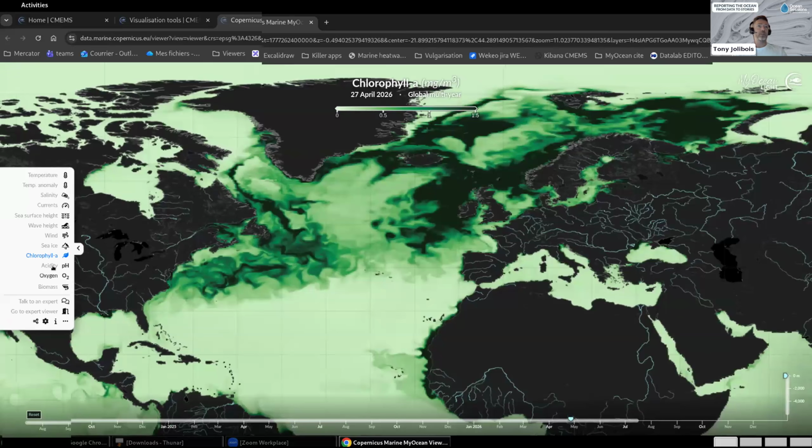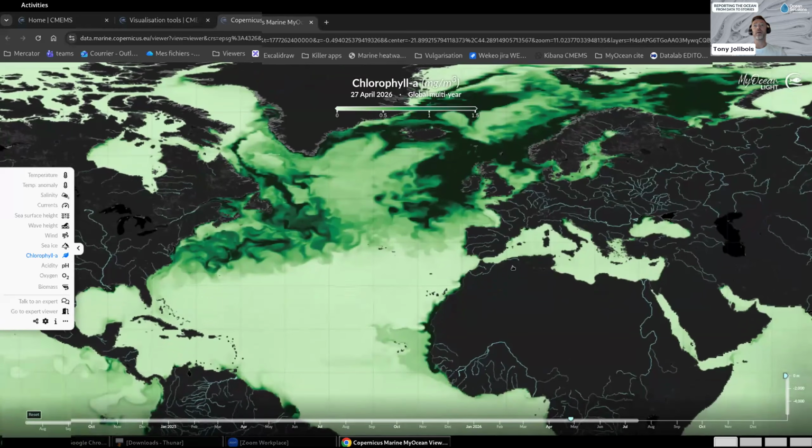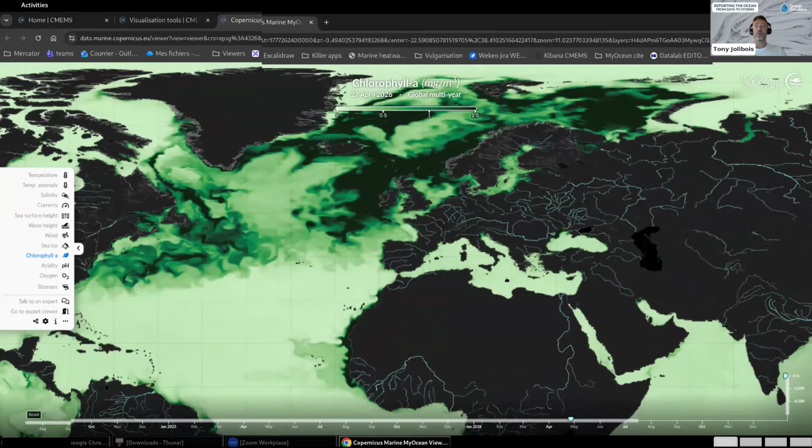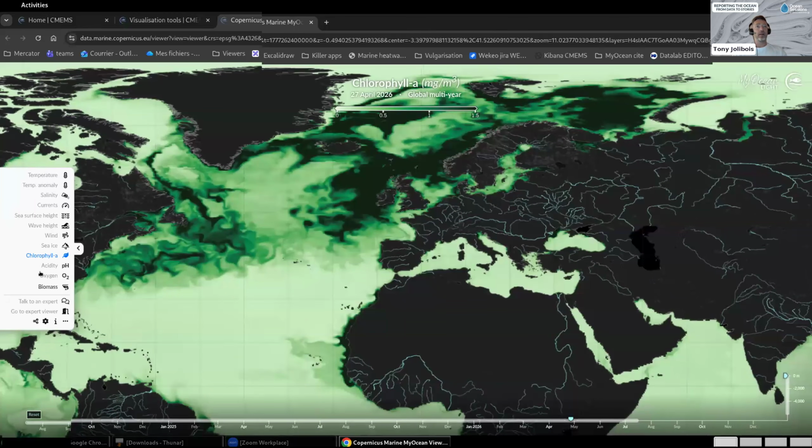So you see that this tool is quite easy, and it gives you quick access to several variables, navigating on time and areas, and so on. So you can illustrate several topics.